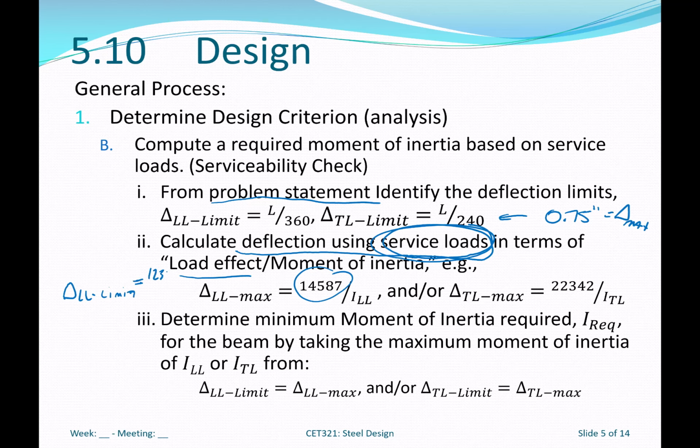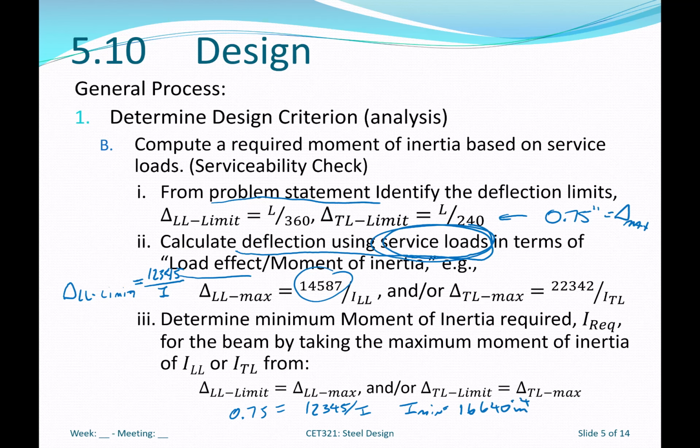And in the example I made before, I made it 1, 2, 3, 4, 5 over I. So then I set those two equal together, and that's where I got 0.75 equals 1, 2, 3, 4, 5 over I. And then my I minimum became that 16,460. Okay, so that's the moment of inertia.